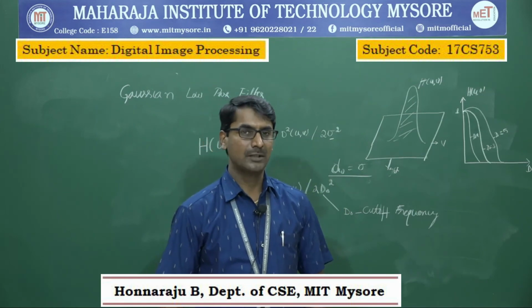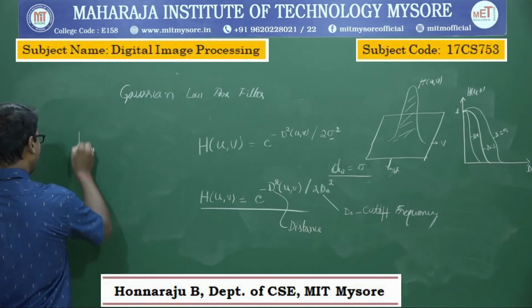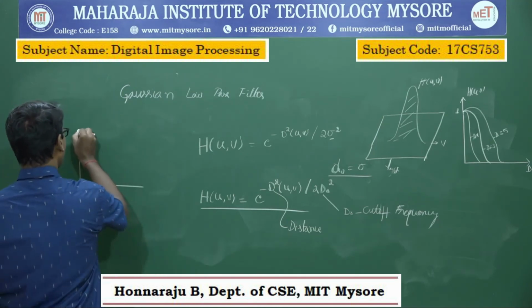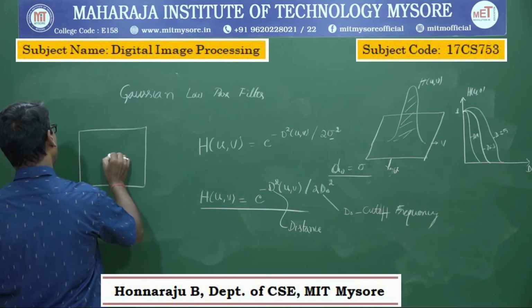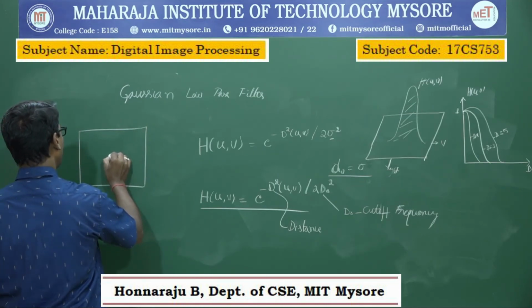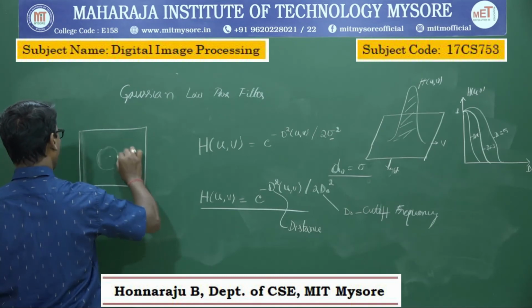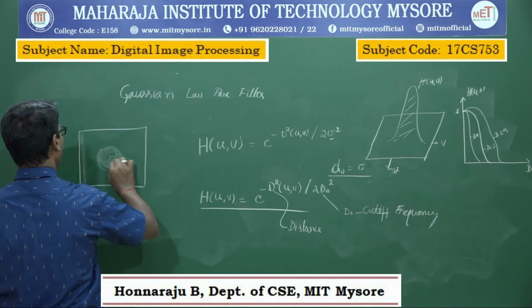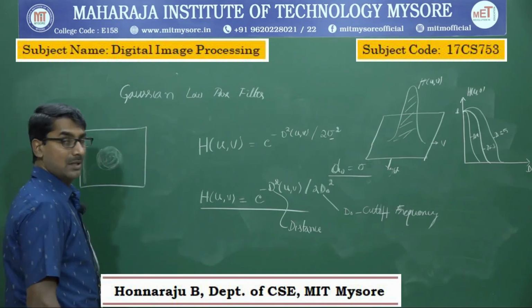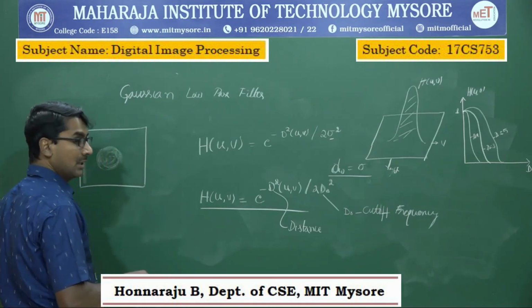So the Gaussian low pass filter. In the ideal low pass filter there is a clear cutoff frequency value, because the center value is 1 and the surrounding value is 0.